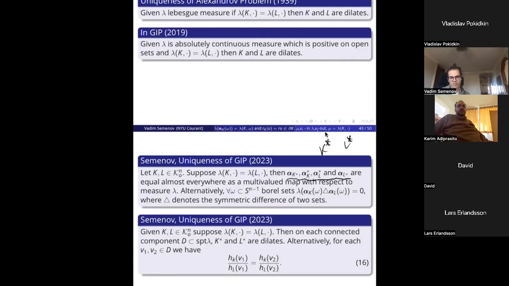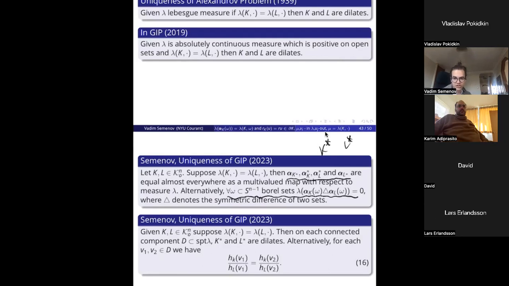a multivalued map. So I don't know if there is a precise notion of what it means that the maps are equal as a multivalued map, but the way I define it is that for every omega set, this holds.